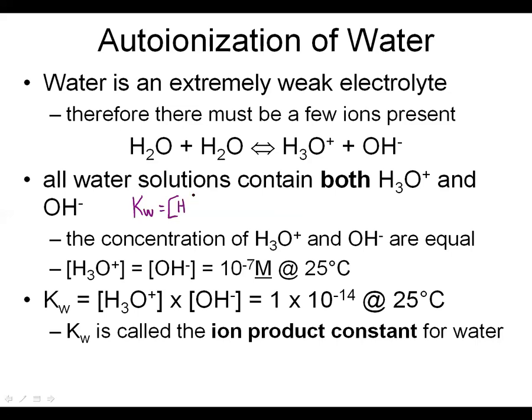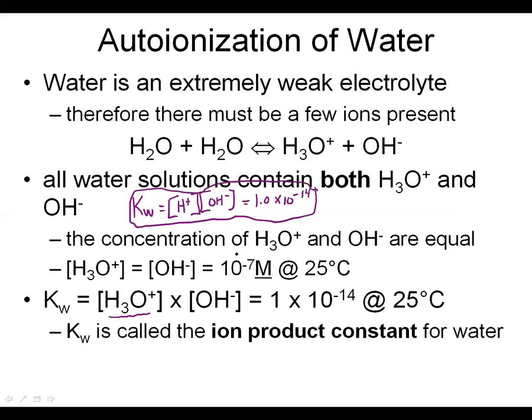Here I'm going to use H plus, but you can use H3O plus, it's exactly the same, times the concentration of OH minus. And at 25 degrees, which is most of the cases when you do problems, it equals 1 times 10 to the minus 14.